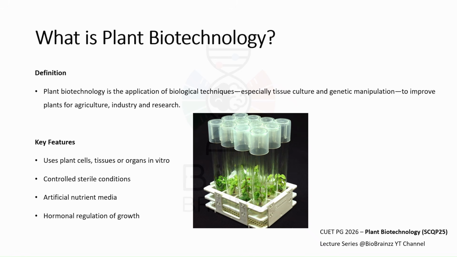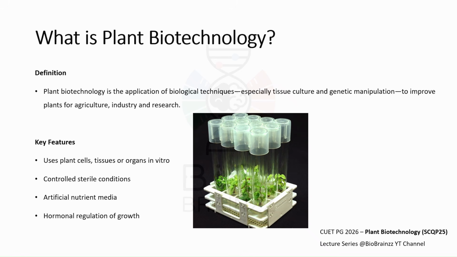The key features include growing plant cells, tissues, or organs in vitro, which literally means in glass vessels rather than soil. These cultures are maintained under strictly controlled sterile conditions so that bacteria or fungi do not contaminate the culture. An artificial nutrient medium replaces soil and provides minerals, salts, sugars, and vitamins.